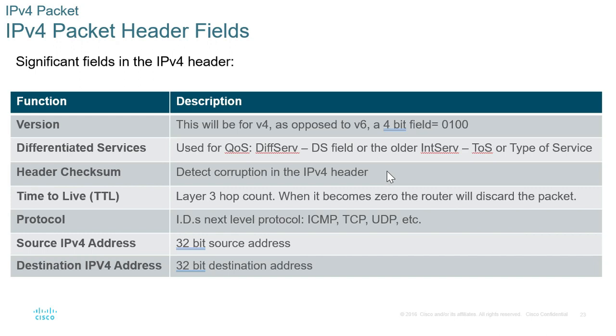So bila sampai value kosong, the router will say this packet can no longer be forwarded and it will simply discard the packet. Tujuan kita ada time to live ni adalah to make sure a particular packet does not circulate the network continuously, sebab kita tak nak congestion.